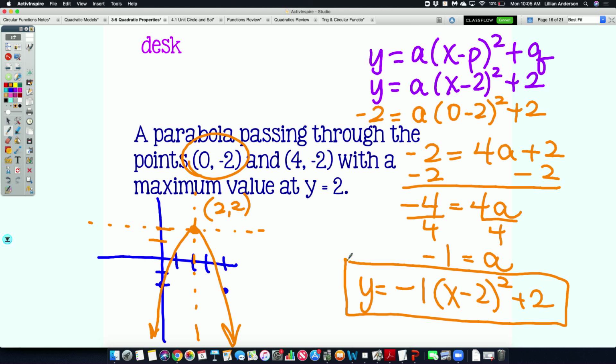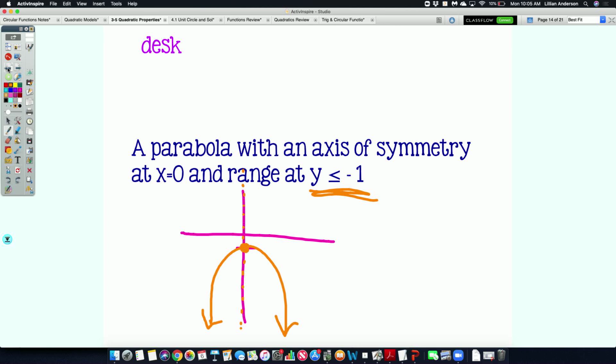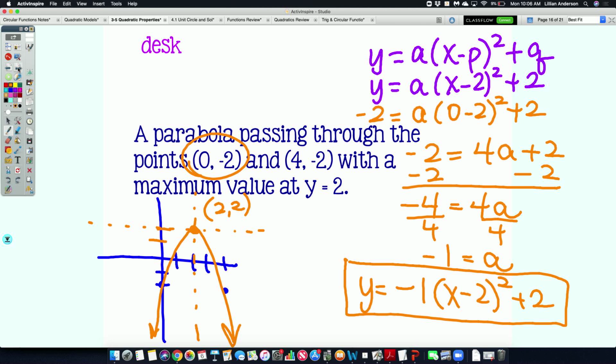For this one, we had the vertex and 2 points, so we had enough information to write the function. This one back here, we didn't have enough. You need either a vertex or x-intercept to start, and then you'll need another point of some kind. But once you've used the vertex in vertex form, you can't use that same point to find the value a. You need a whole other different point.